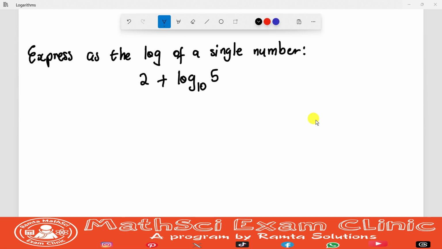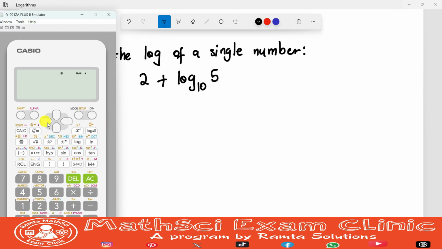In today's logarithms, we are expressing as the log of a single number 2 plus log 5. Before we proceed, we're going to determine what our calculator gives when we press this.